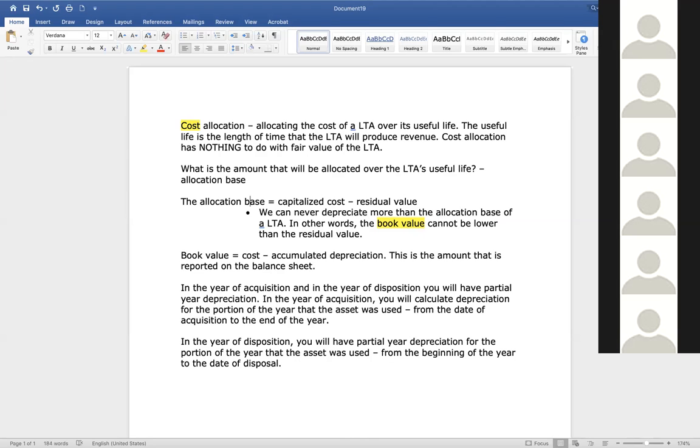Now, what is the formula for activity-based? Activity-based is on page 577.